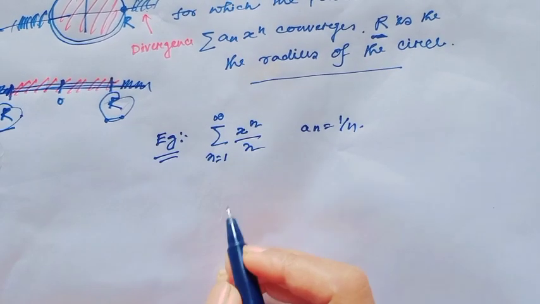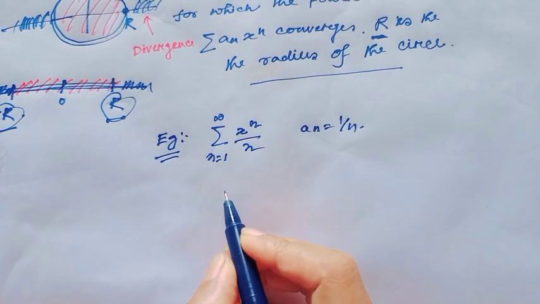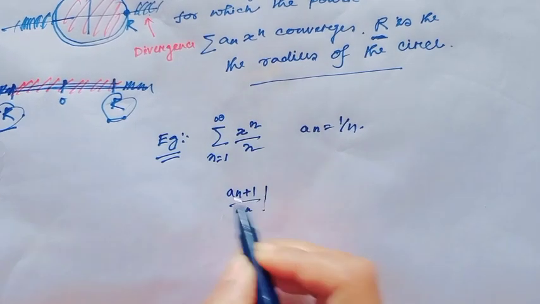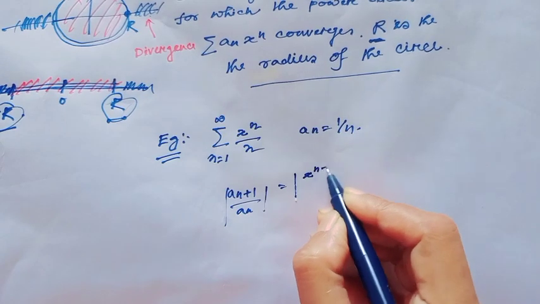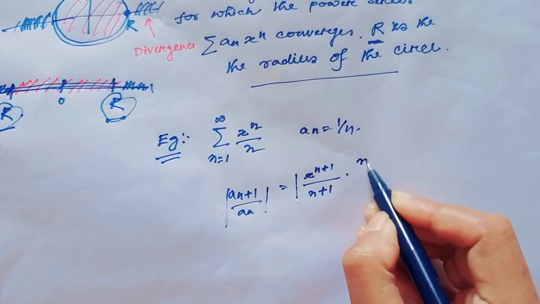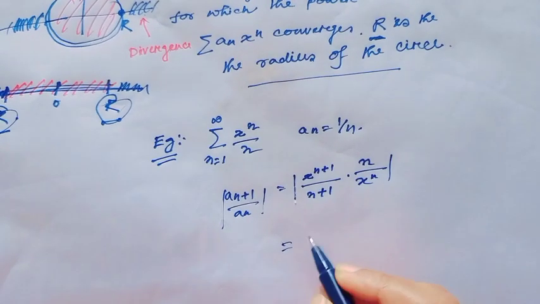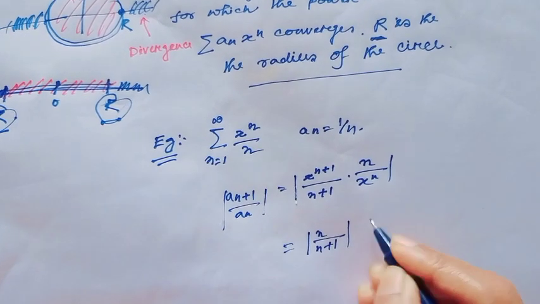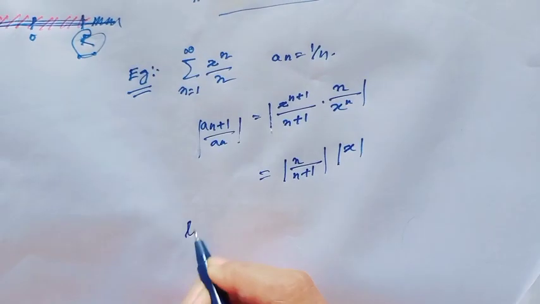For the radius of convergence, here I will use the ratio test. a_(n+1) over a_n is equal to x to the power n plus 1 over n plus 1 times n over x to the power n. This value is n over n plus 1 times x. Now apply the limit.